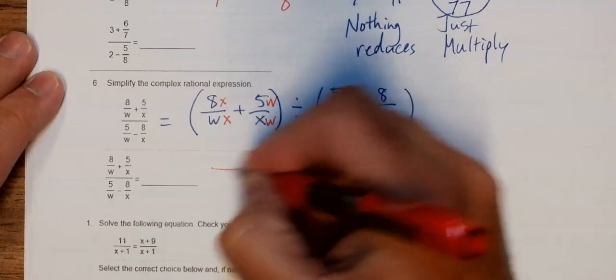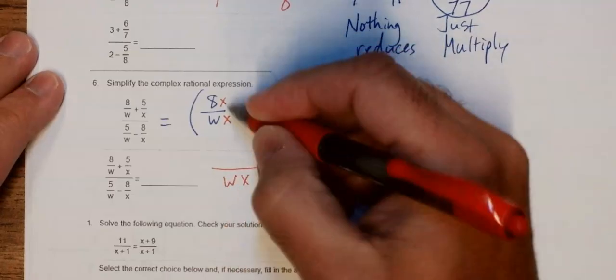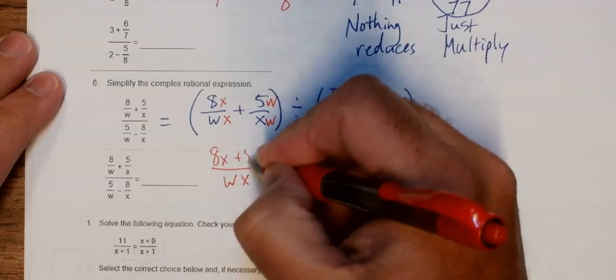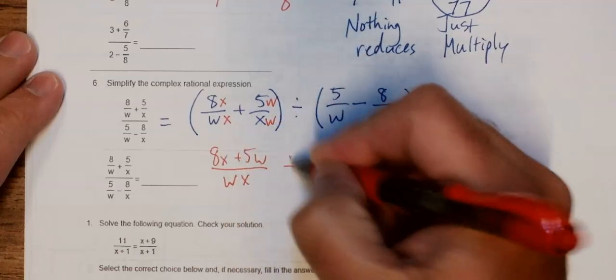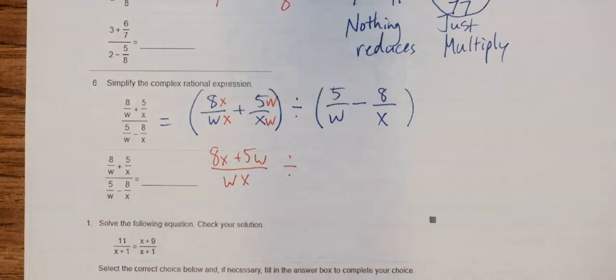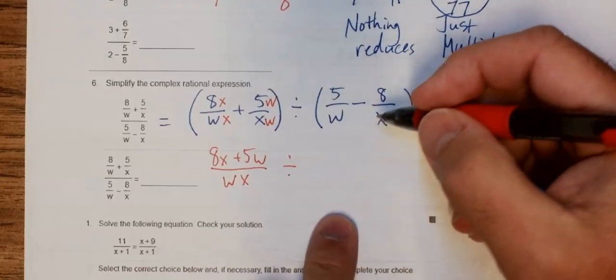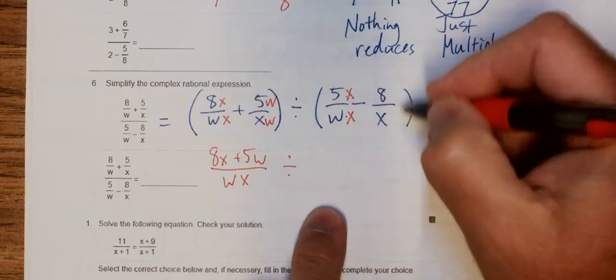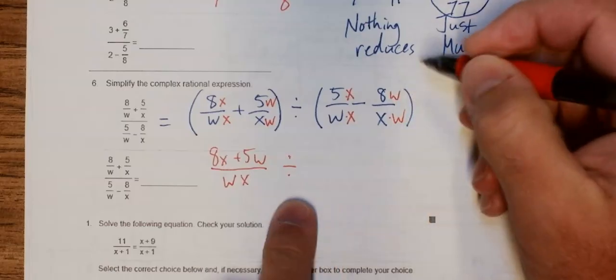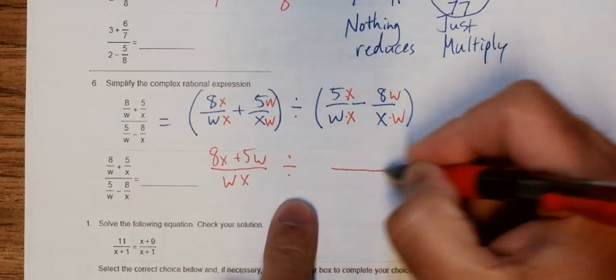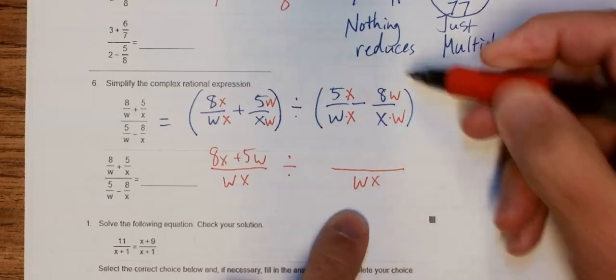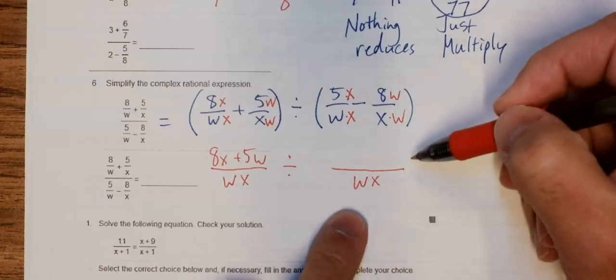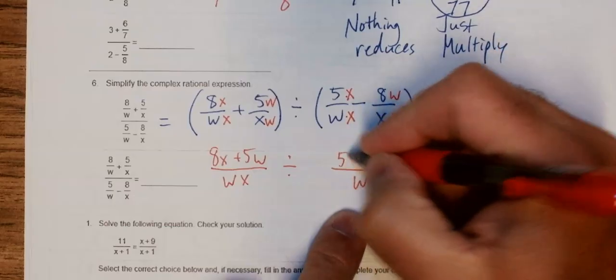So together that would be 8x plus 5w over wx. This one obviously is missing an x. This one's missing a w. So what's the top of that one going to be? 5x minus 8w.